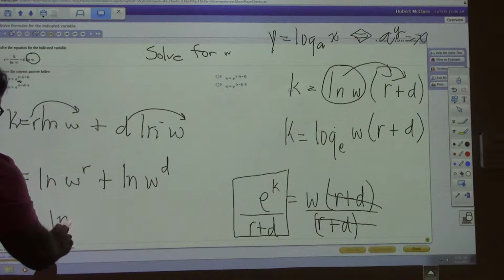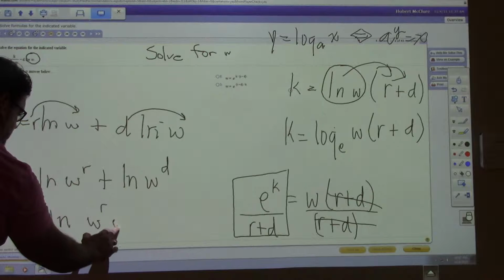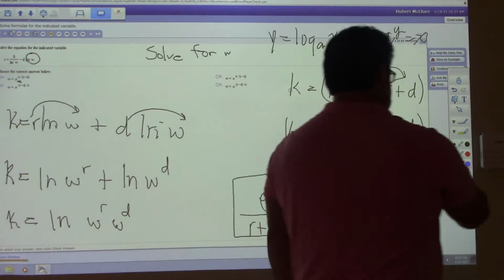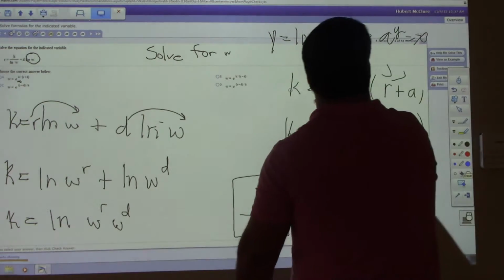to natural log of WR times WD. And we can change that to log base E. I'm going to leave that answer here because I think we're going to still get the same answer.